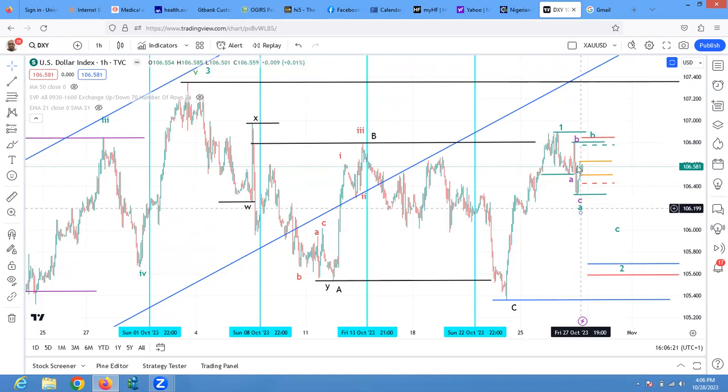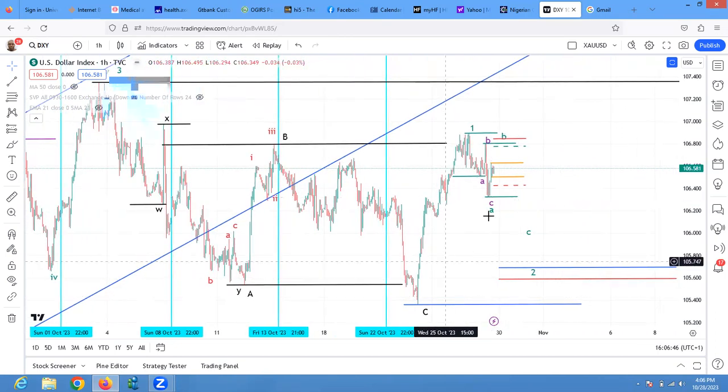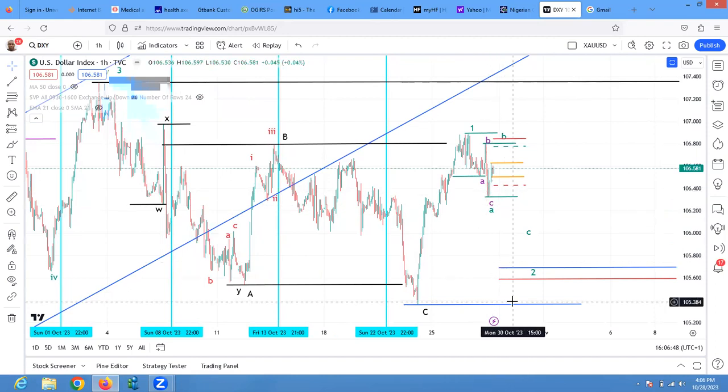Now, in terms of correcting this as a wave 2, at what point would we say that this wave coming down is not a correction of this wave 1? As soon as you break the 78 or 85 point retracement to the downside, then you should know that you are actually going to break down.